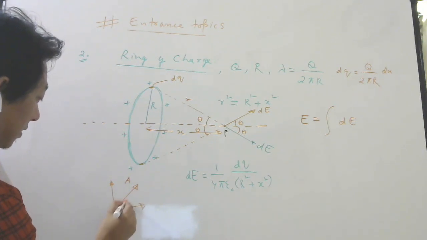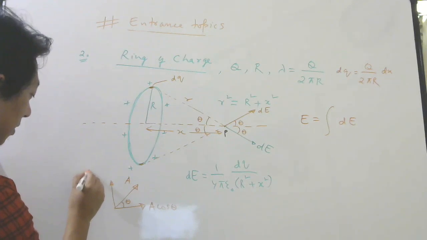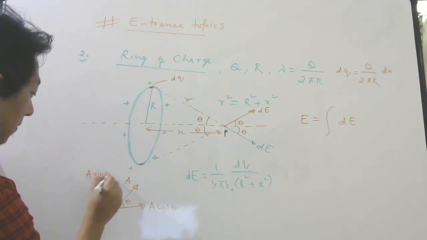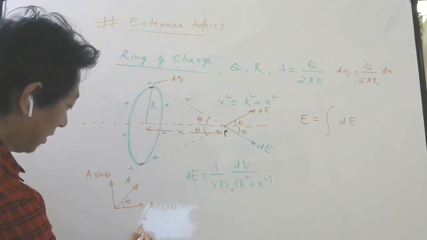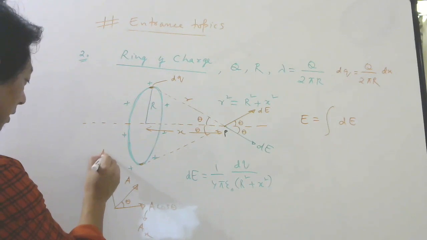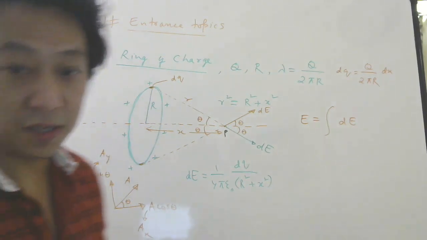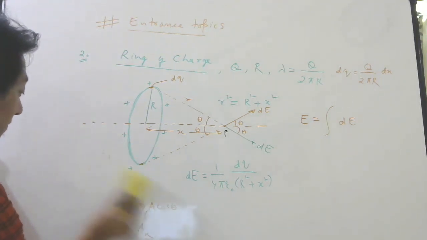If I say this is theta, this will be your A cos theta component and this will be your A sin theta component. If here is your x-axis, then we also write this as the A x component, and this we write A y. These things you have studied in projectile motion in first PU also, right?